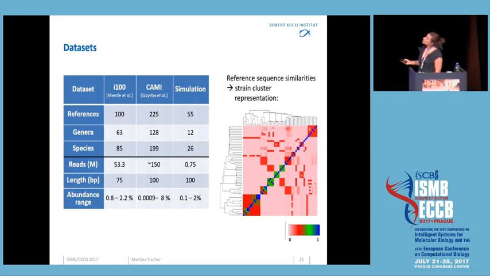Further, we also consider different numbers of input reads and different read characteristics, and also very different abundance complexity profiles.